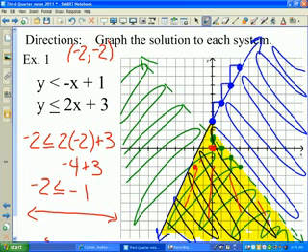If you remember that number line, here's 0, here's -1, here's -2. Is -2 less than -1? Yes, it is. So we have a true statement when we plugged in the same ordered pair for x and y. That means any point within that shaded region is going to be a true statement for our system of inequalities. Let's try another one.